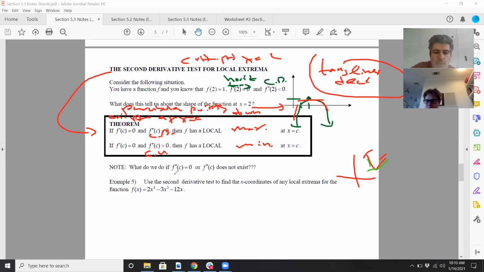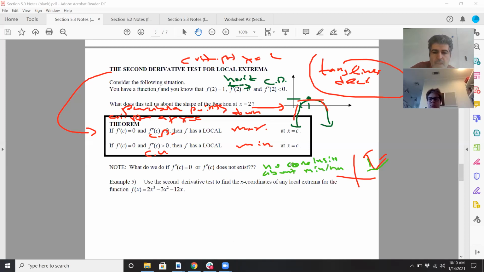Now, what do we do if f double prime of c equals 0, or f double prime of c does not exist? Then there's no conclusion about mins or maxes. We can't conclude anything about it.